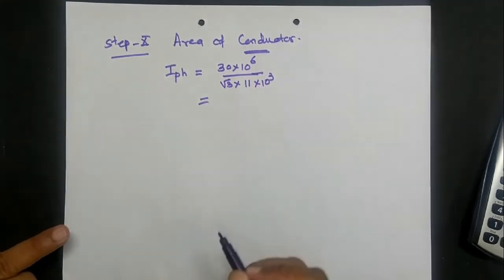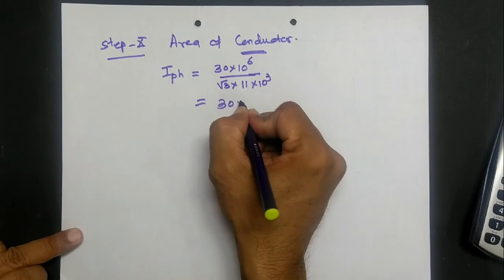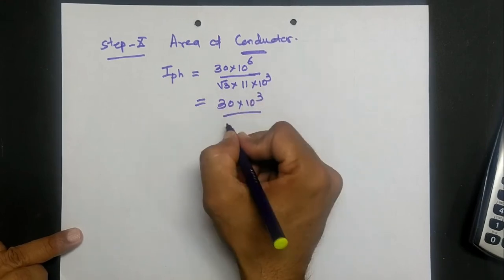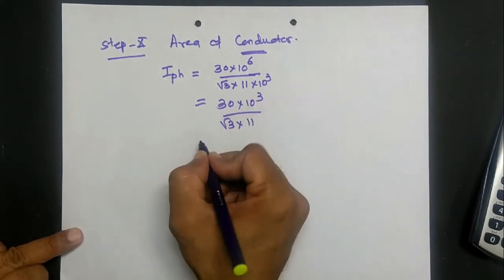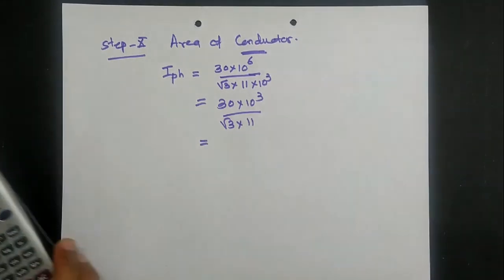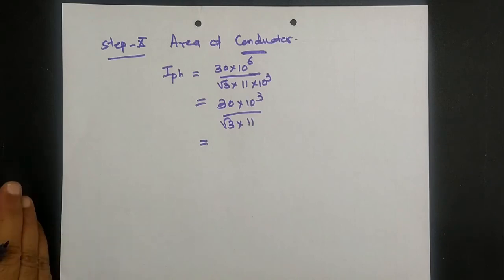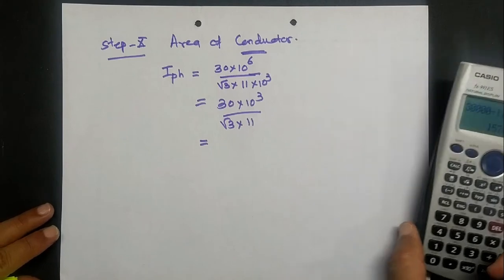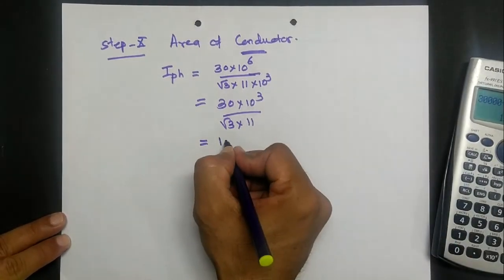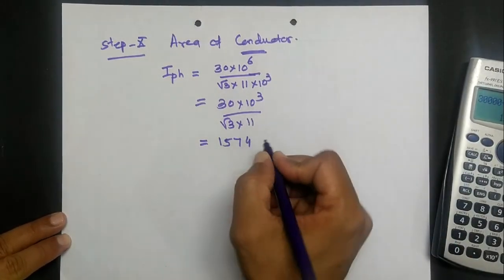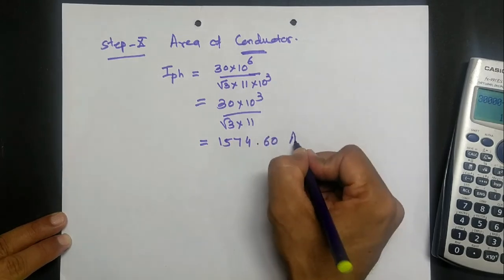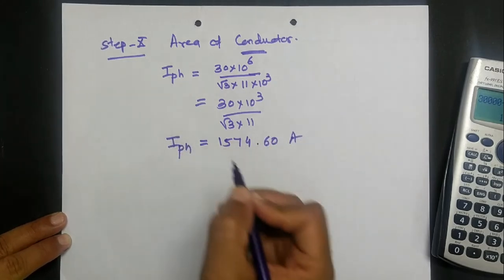So it comes to 30 multiplied by 10 raised to 3 divided by root 3 multiplied by 11, and ultimately our current comes to 30,000 divided by 11 divided by root 3, which is 1574.60 amperes. So that is the current per phase.